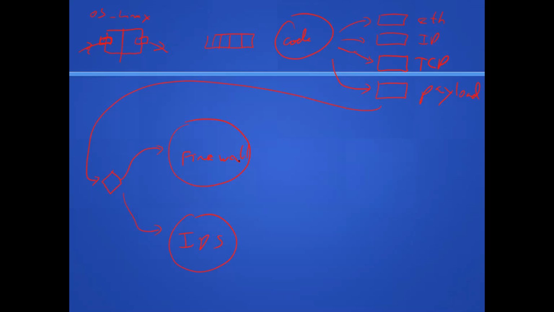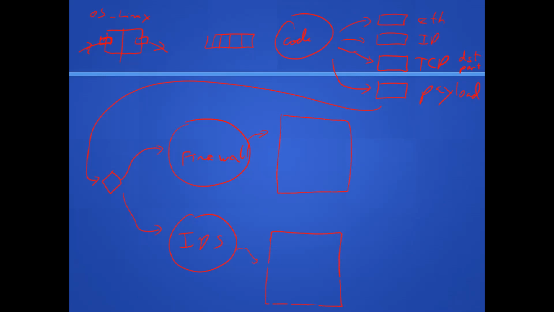So a firewall rule might be about the destination port number. Let's say, what's one common destination port number? Who can tell me? Anyone?